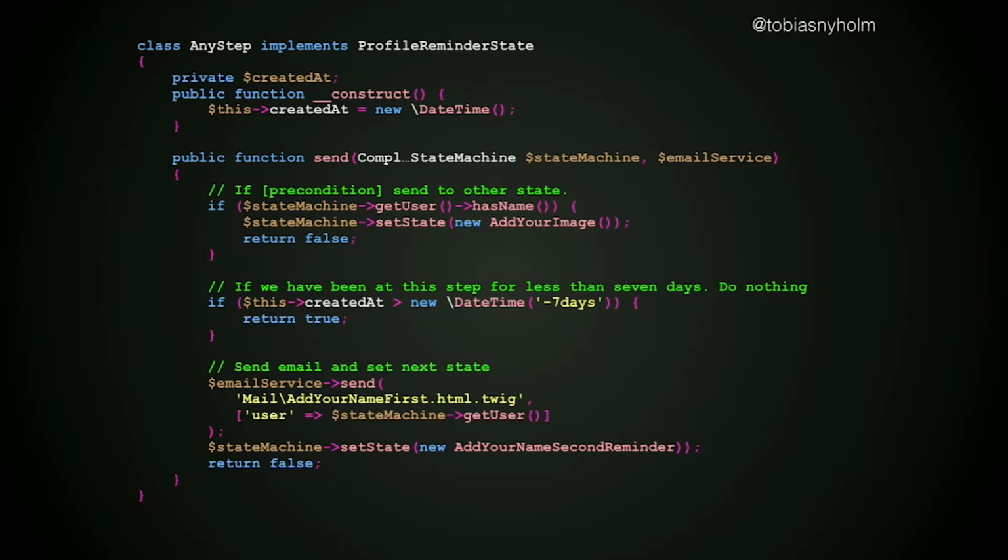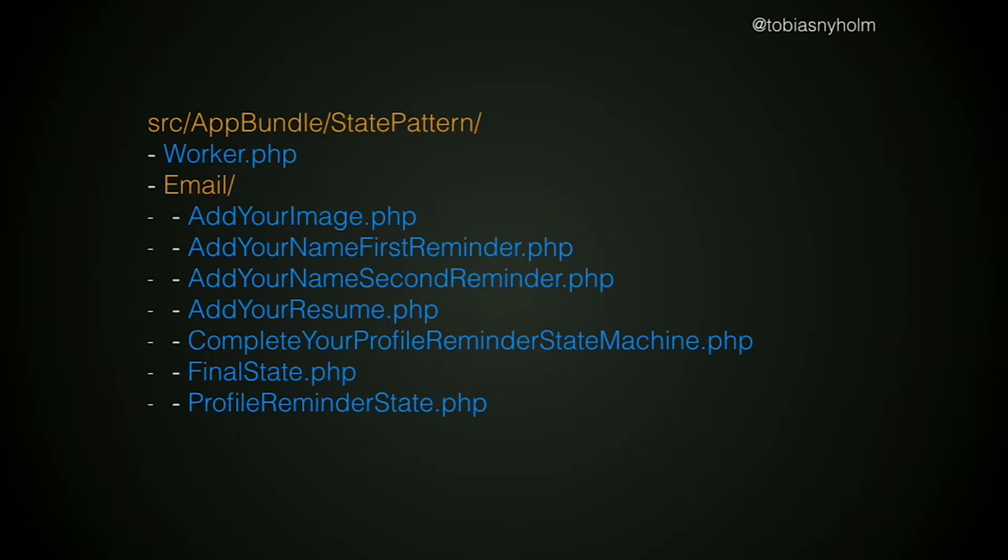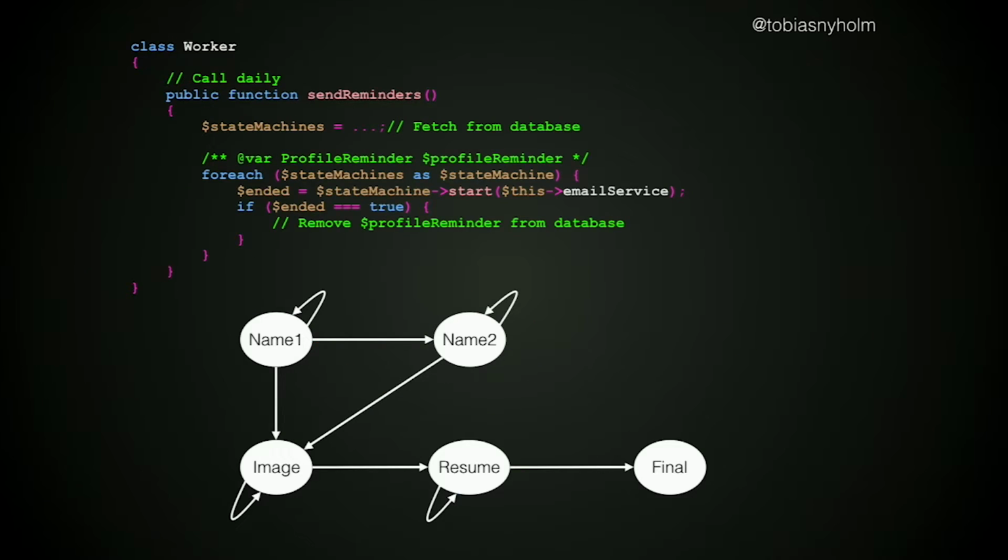For the image state, I'm checking if you have an image, then go to the next state and also make sure that some time has elapsed. So I created all my states something like this. And now it kind of makes sense to have this worker that just starts state machines, and you understand that the states handle themselves.